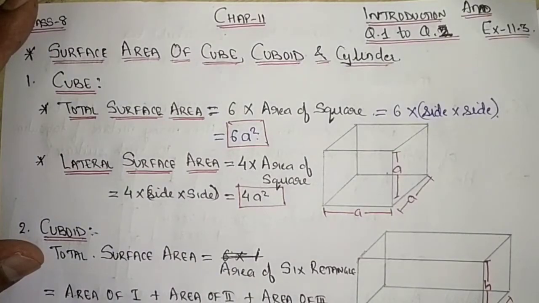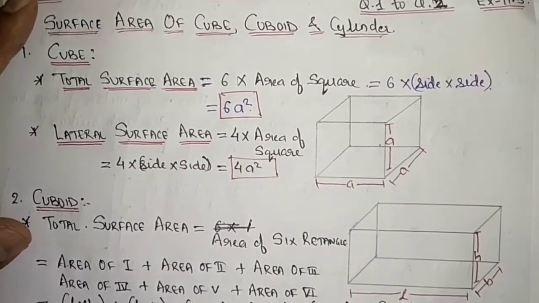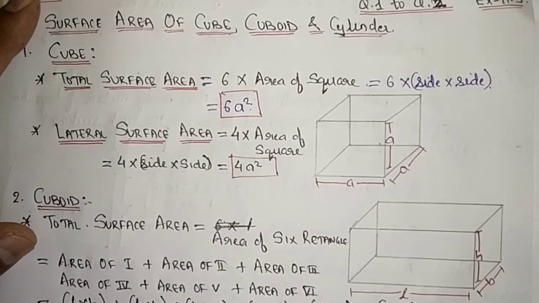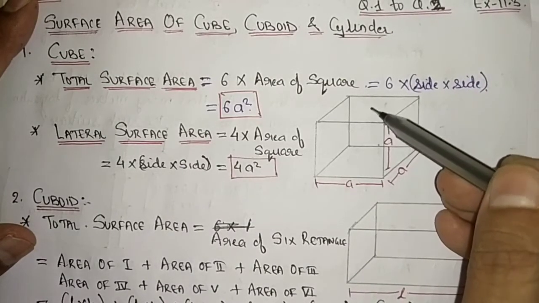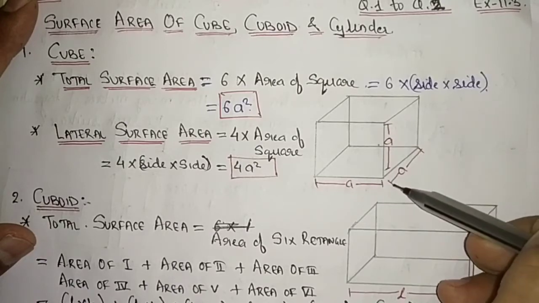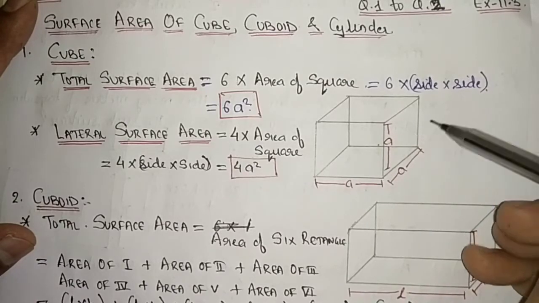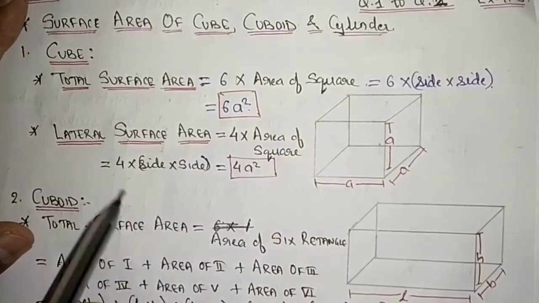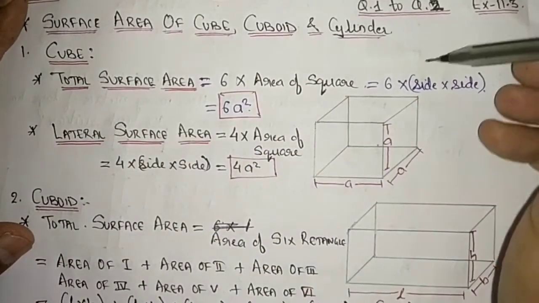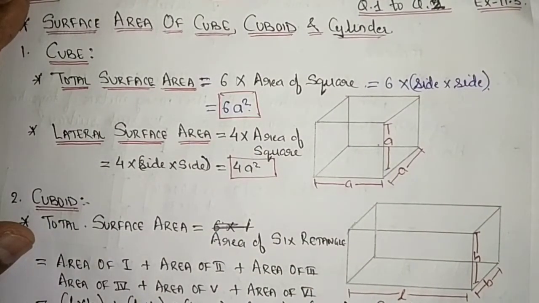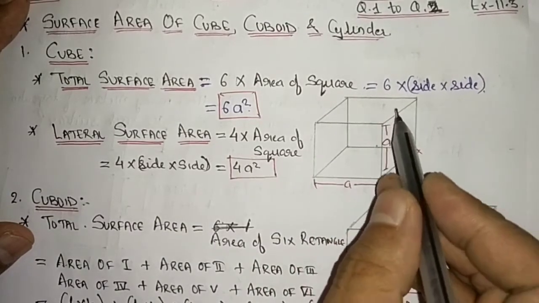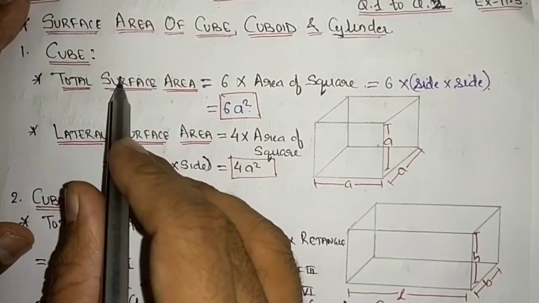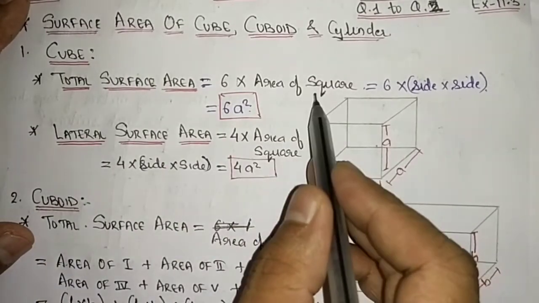First we will take cube. As I told, a cube has 6 surfaces. One is at the top, one is at the bottom, 2 are at the sideways, one is at the front and one is at the backward. So total 6 areas are there, and all those areas for a cube are areas of squares.